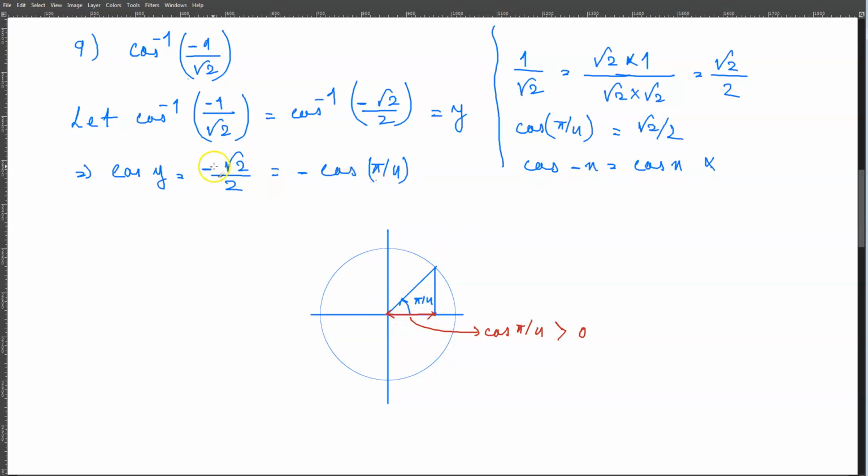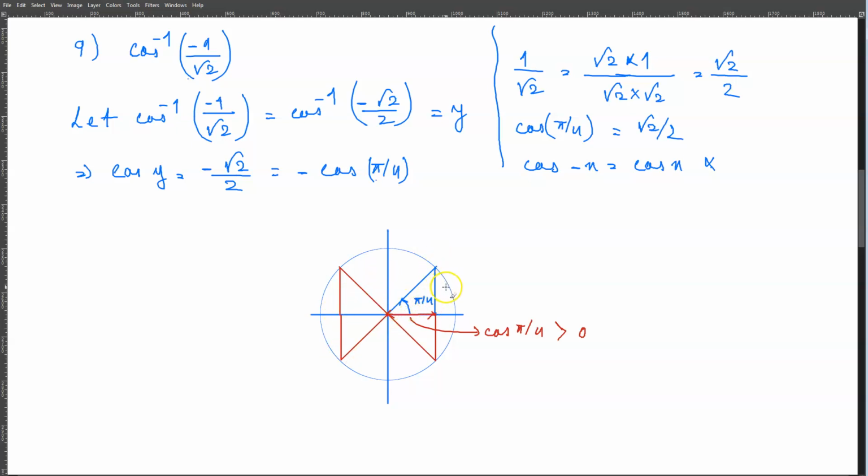Now cos of y is equal to negative of cos of pi by 4. If I draw some angle over here, you can see that it's going to have the exact same length, but it's negative. Also, if I draw some angle here, it's going to have the exact same cos value but negative.